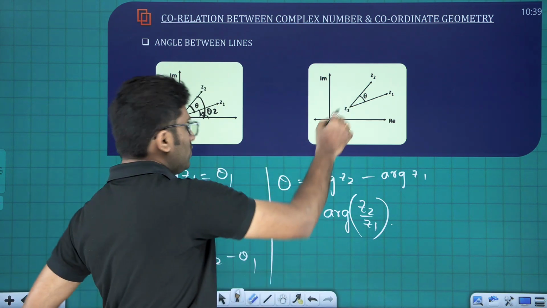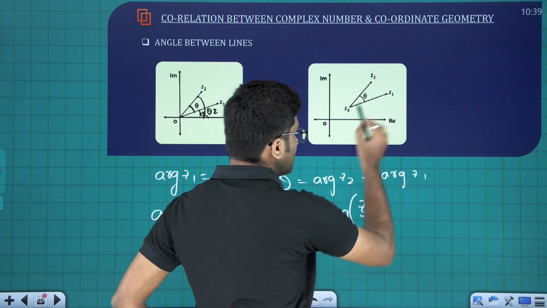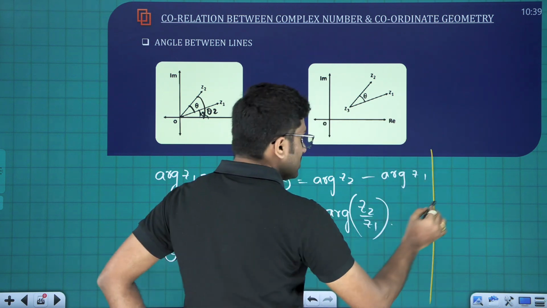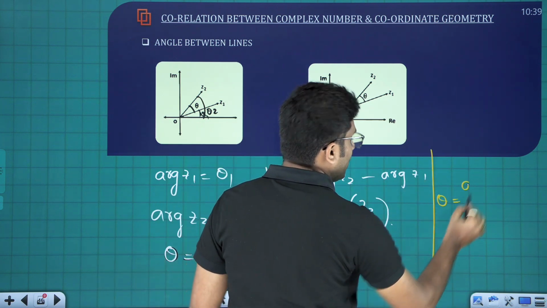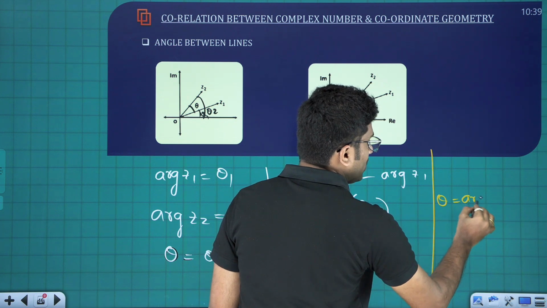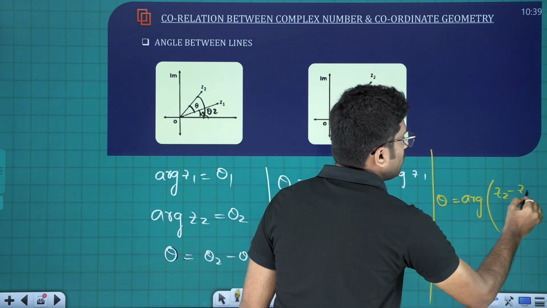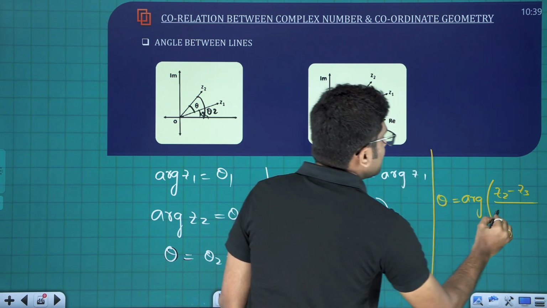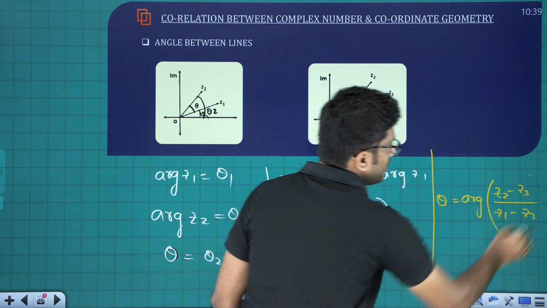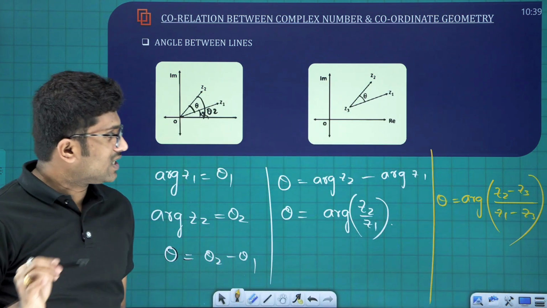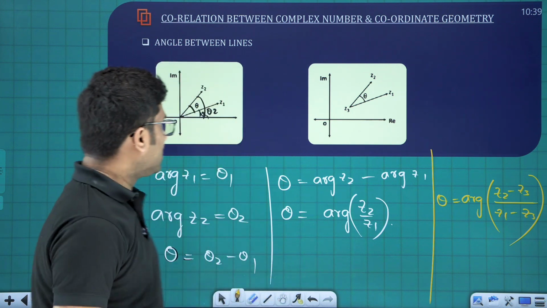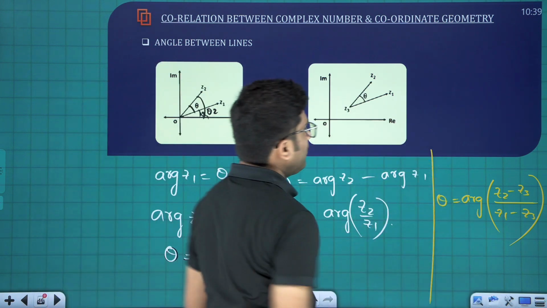If we take with respect to some Z3 friends, then theta will be equal to argument of Z2 minus Z3 divided by Z1 minus Z3. Argument of (Z2 minus Z3) divided by (Z1 minus Z3) will be giving this theta friends.